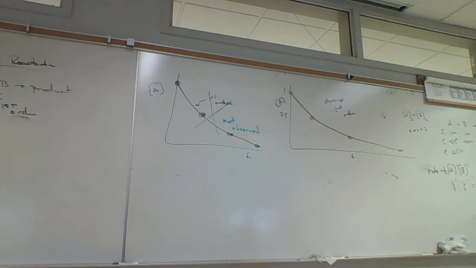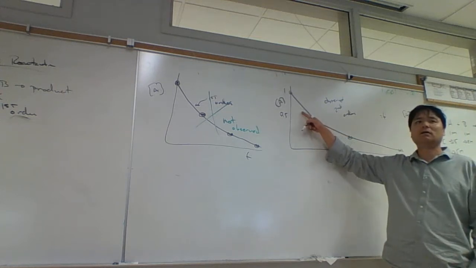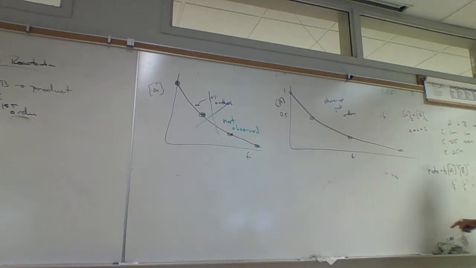And so what we say is this: it's observed second order because what we observe is the overall order. And so the overall order is given by the sum of the orders: 1 plus 1, which is equal to 2.